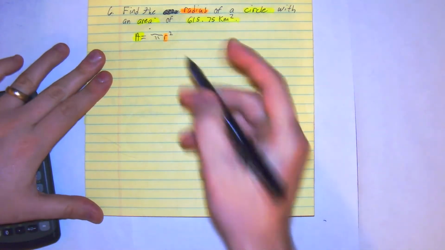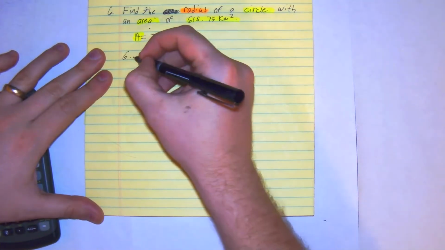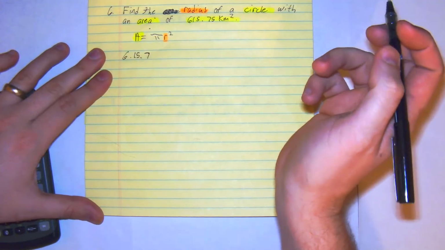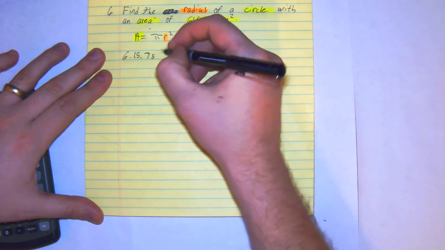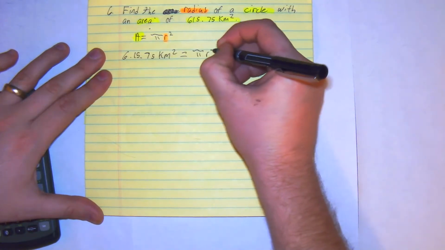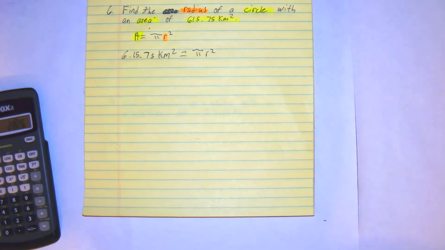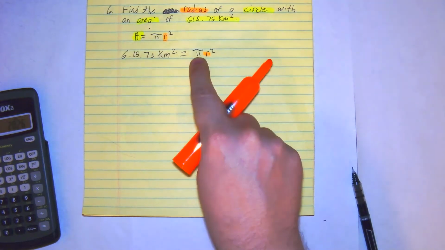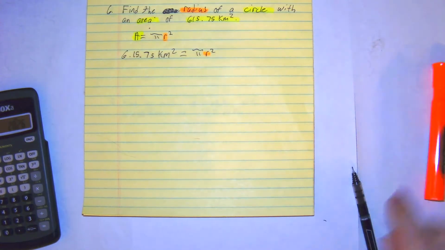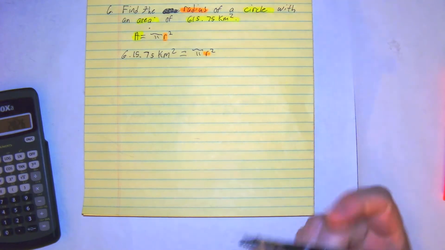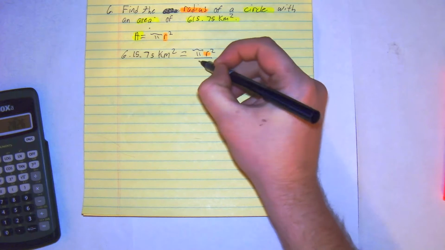We plug this in here: 615.75 kilometers squared equals pi r squared. So the first course of action, I know we have to find r. If we use our inverse operations, we're multiplying pi by the radius, so we first divide both sides by pi.